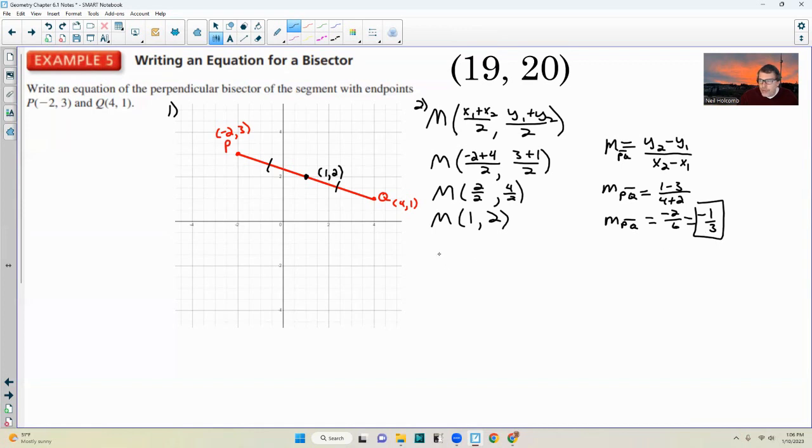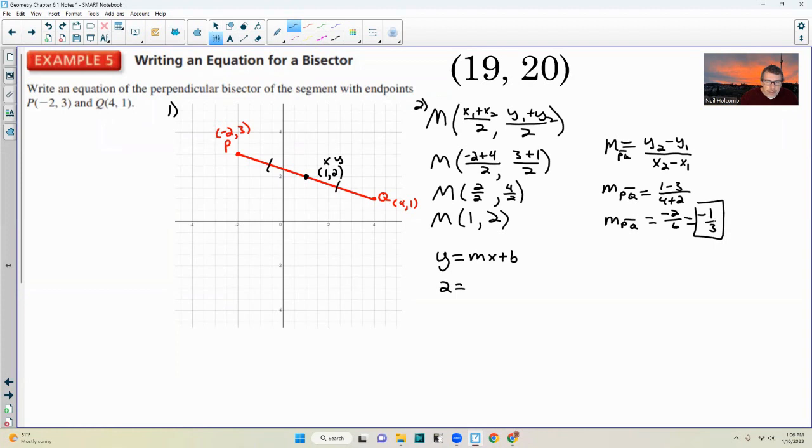So now I'm going to use the equation y equals mx plus b. And I can choose this point right here. This is my x, this is my y on this line. So I'm going to put y is 2 equals the slope of a perpendicular, which is the negative reciprocal.